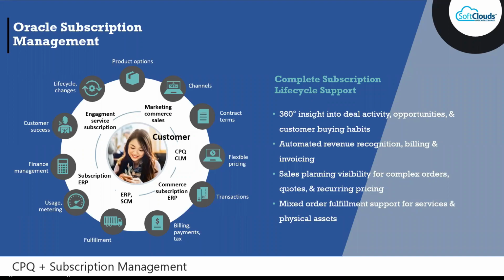But the real underlying component is it enables a company to have a full 360 view of consumer buying habits, deal activity, and opportunities. And in doing that, the company becomes smarter and they start to gain more intelligence into how their customers are reacting and how their products are being consumed.